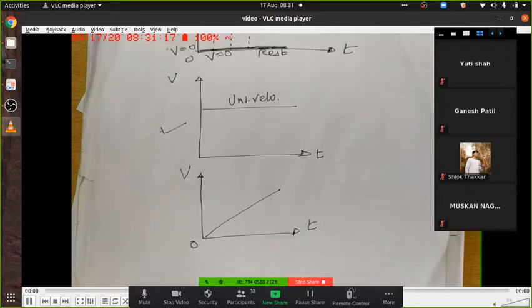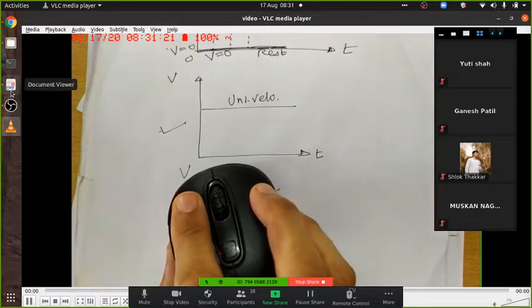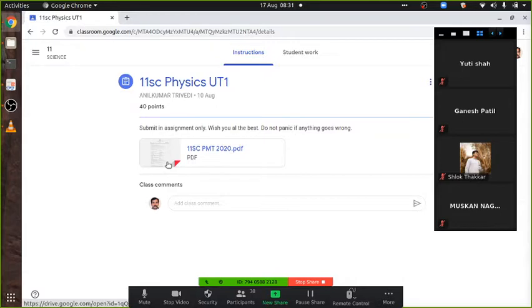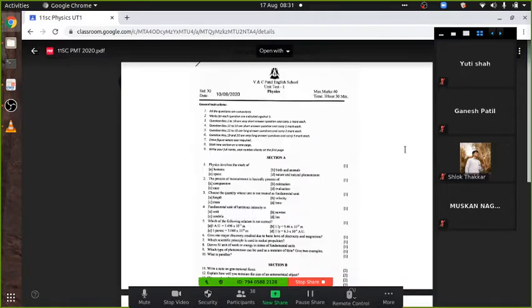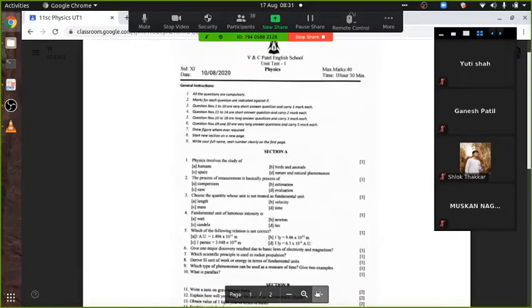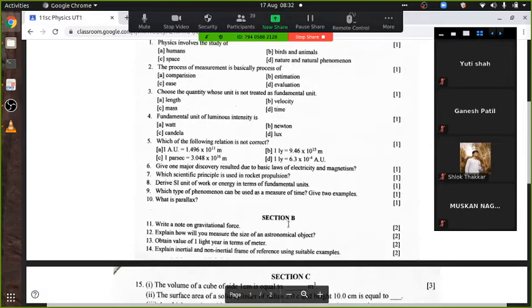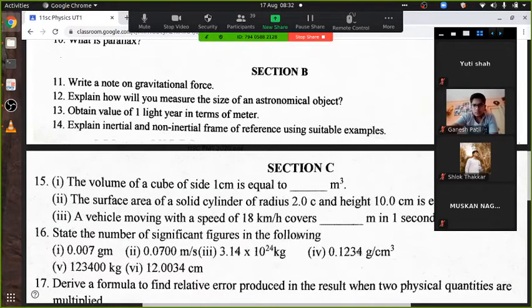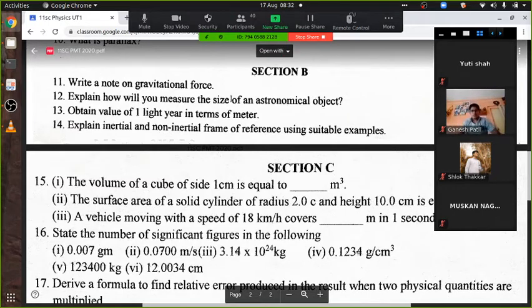Then which question was troublesome? You can have it in classroom. In this question, how will you measure size?